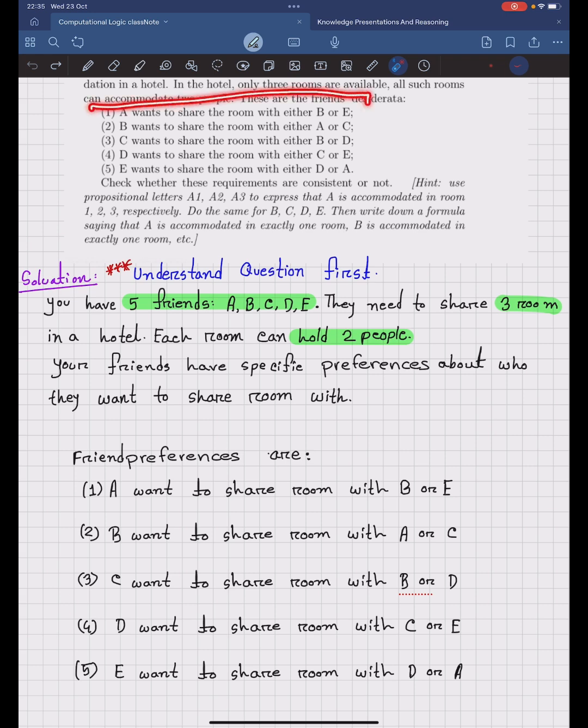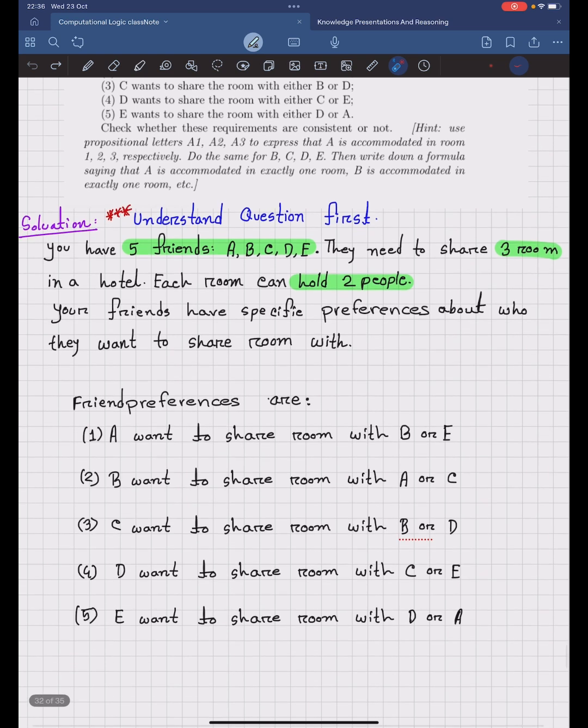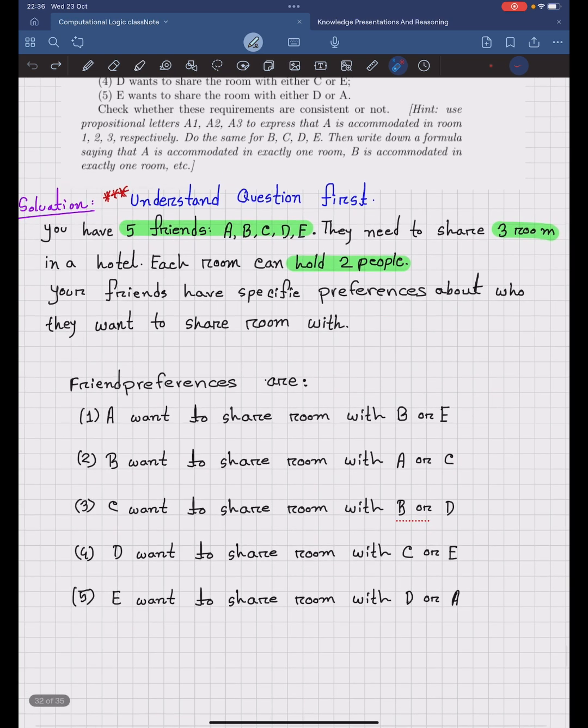Here, from our question, we understand that they give preferences. Each friend has a preference, meaning which friend he chooses to stay with, or whom he wants to share a room with.